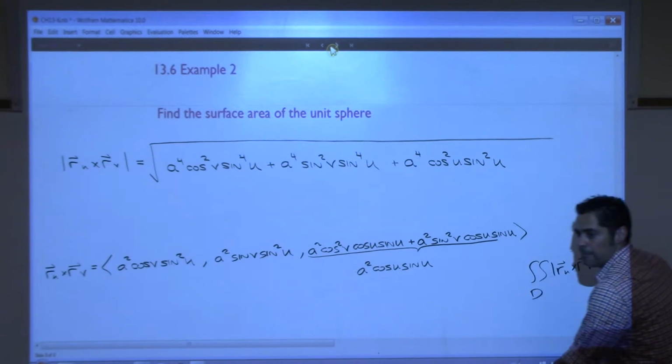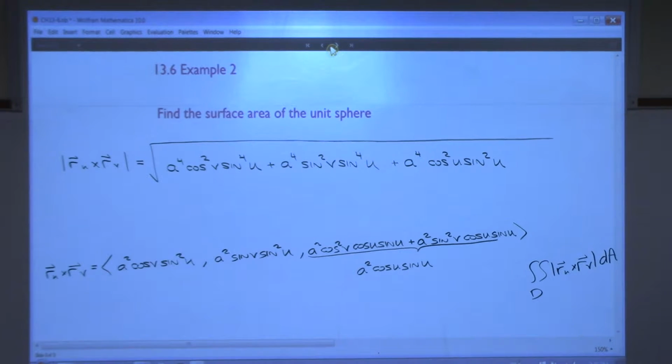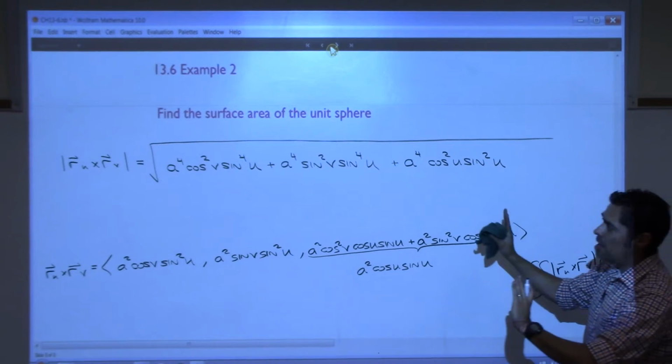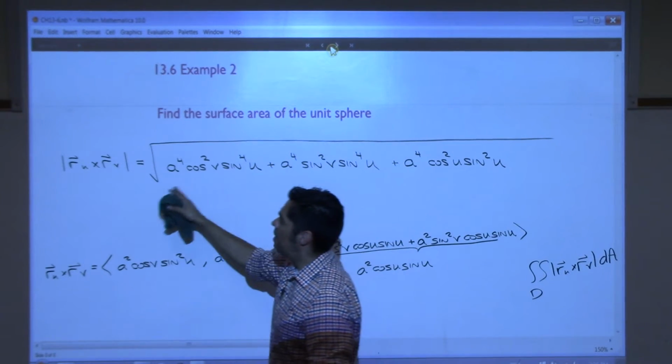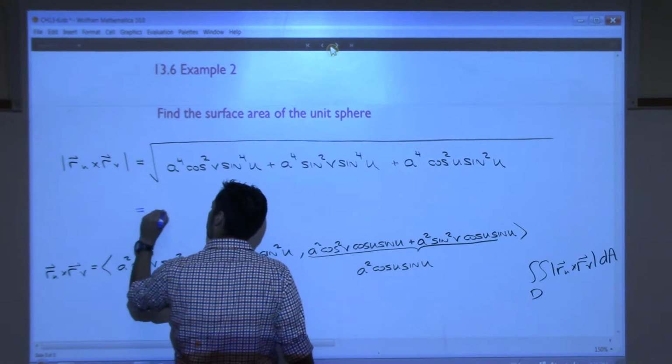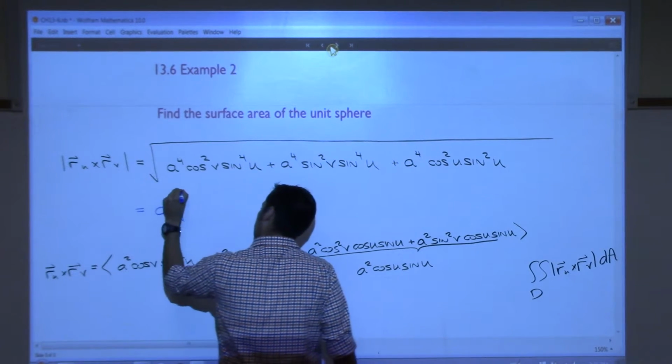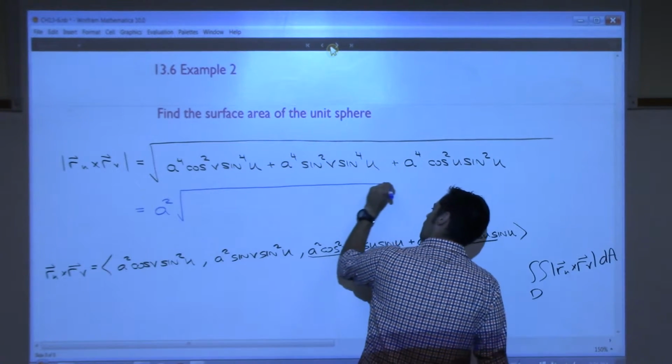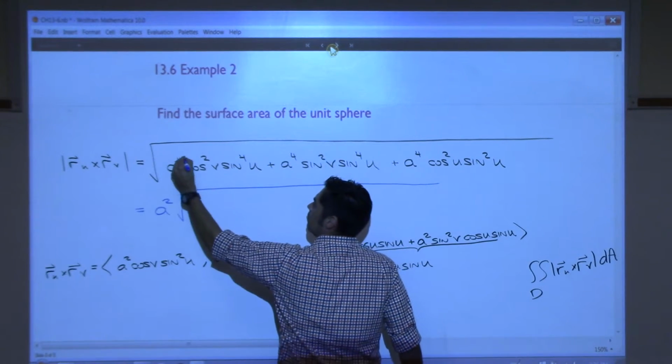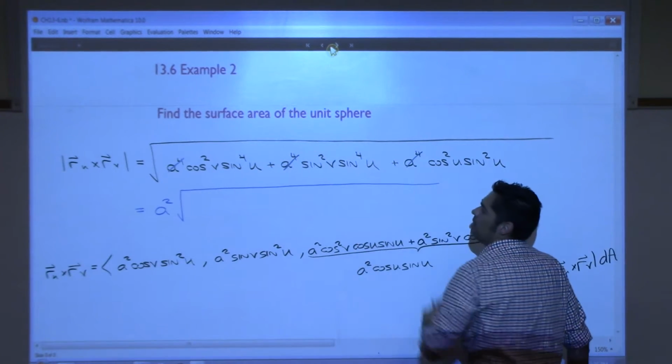Anyone see it? Where's the Pythagorean? Yeah, why don't we do this? Why don't we pull an a to the 4th out of everything and take it out of the root? An a to the 4th on the inside comes out as an a squared on the outside. I'm ignoring those now, okay?